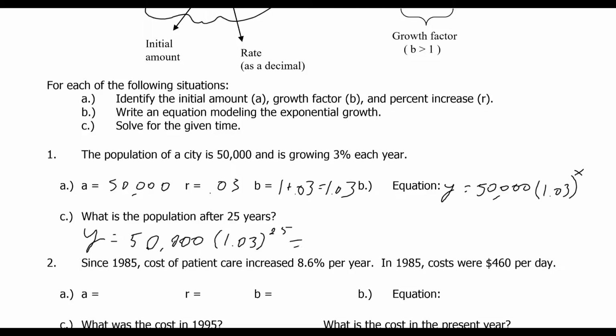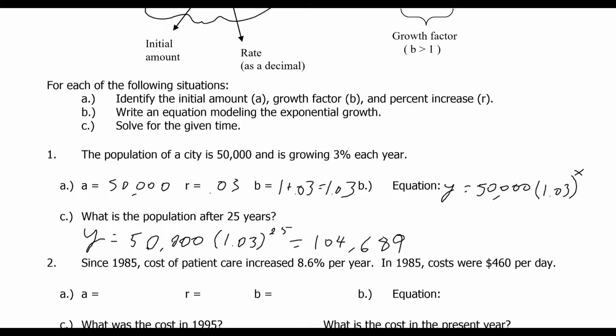All right, and if we plug that into our calculator, we'll find out that we get 104,689 people. All right, that's some serious growth. In 25 years, the population of that city has more than doubled.